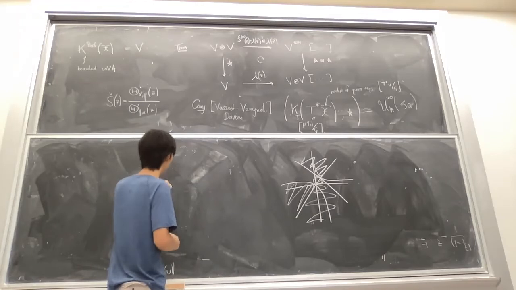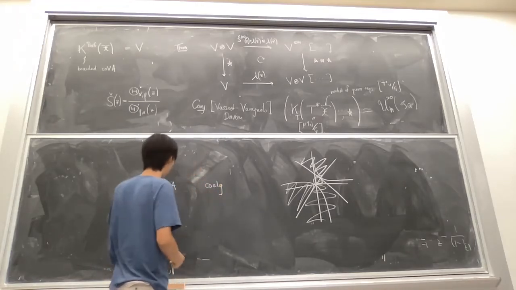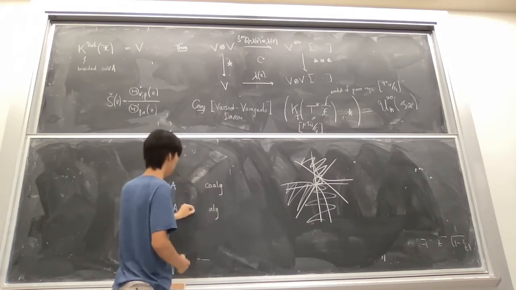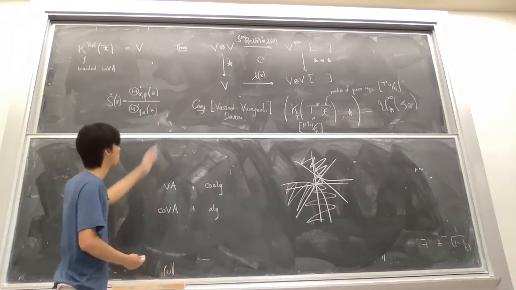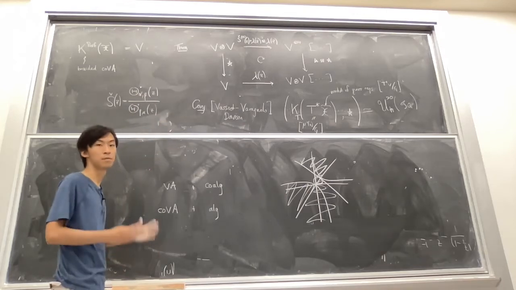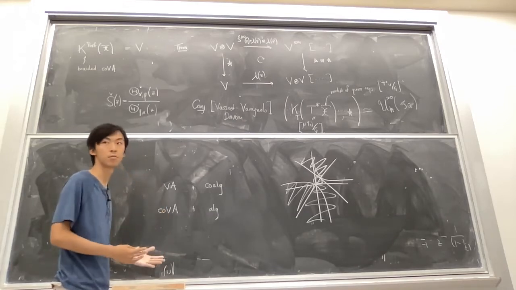So one way to state this theorem is that V has the structure of a multiplicative vertex bialgebra.